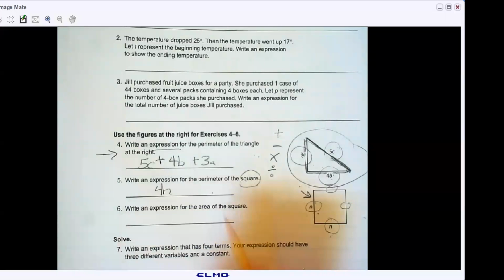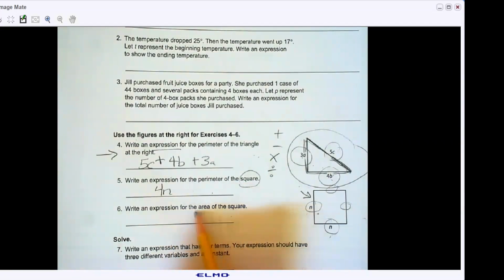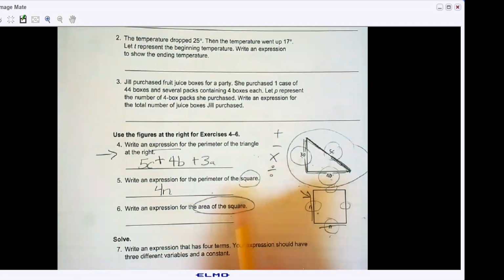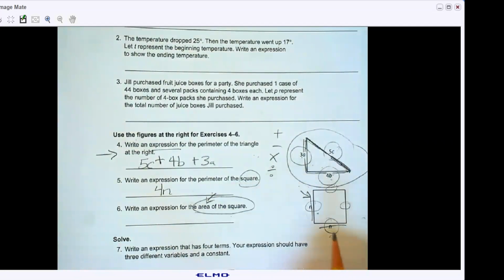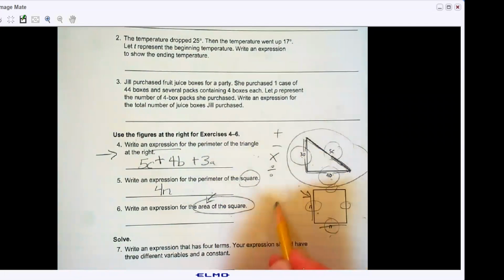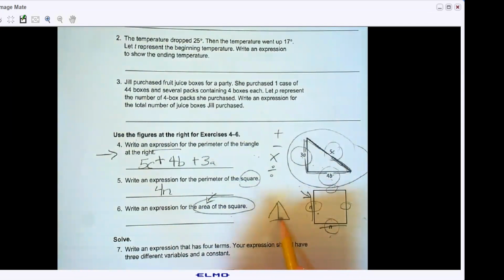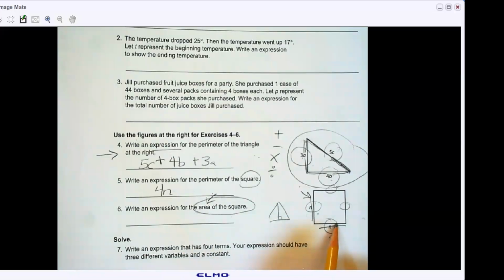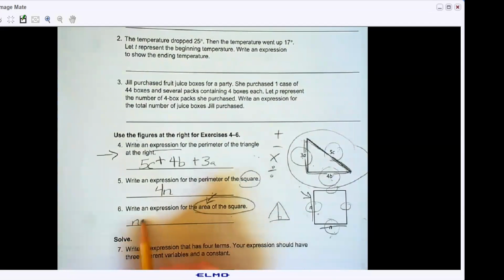All right, now this one's tricky. Write an expression for the area, which is the height times the width. And if you forget what the area is, just look that up. If you forgot what the area of a triangle is, which is 1/2 the base times the height, just look it up, no worries. So the area of this one would be n times n, but I'm too fancy to write n times n.